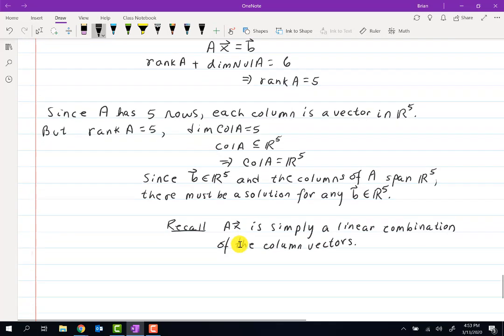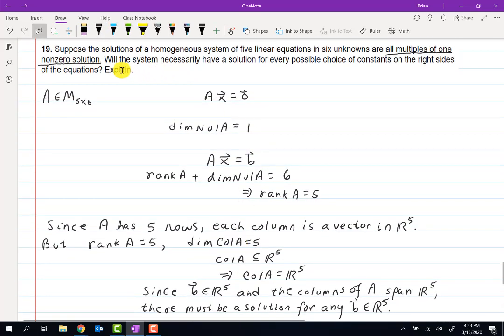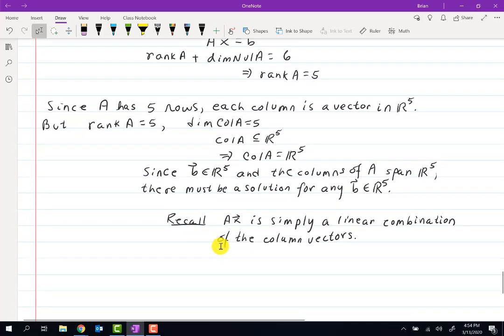So I guess the question actually asks us, will the system necessarily have a solution for every choice of constants? Yes, it will. The answer to the actual question is yes. It's because of all this stuff here. So since the columns of A are R5, they span all of R5.